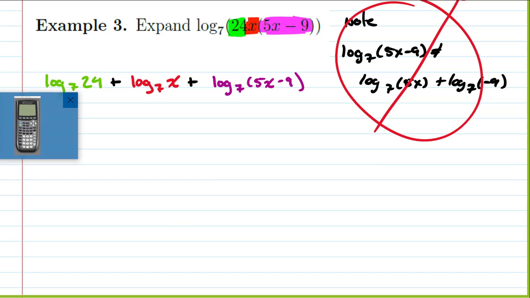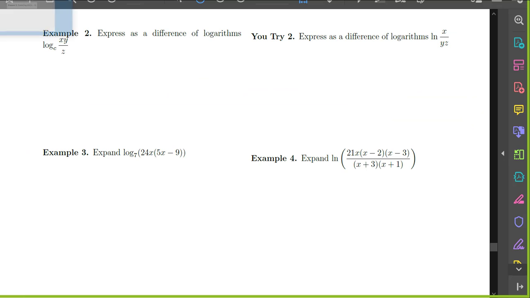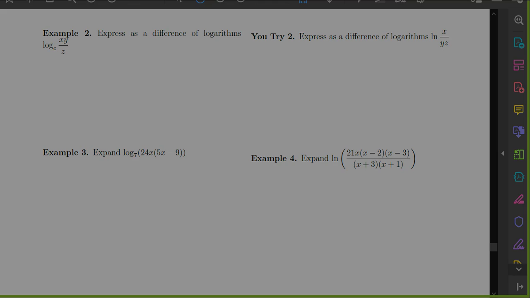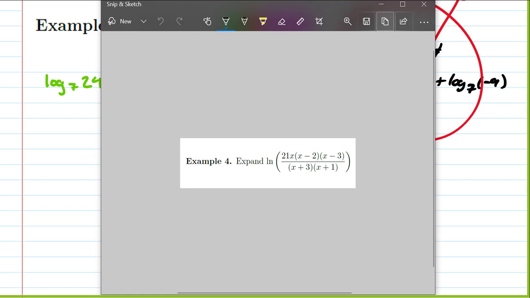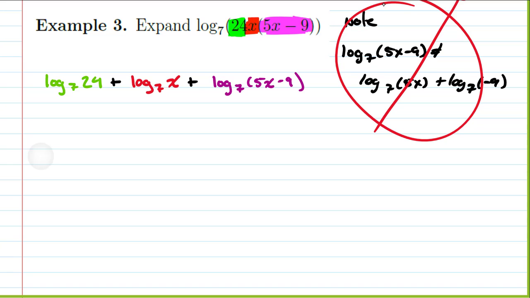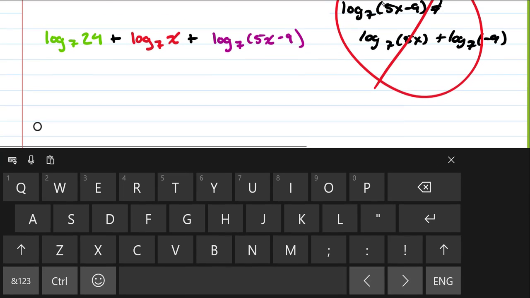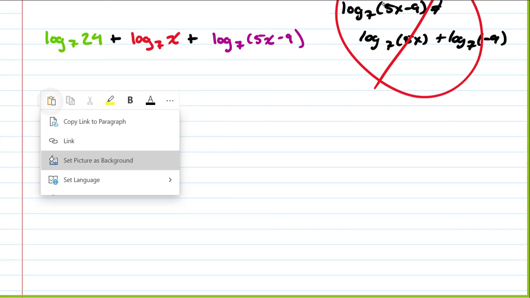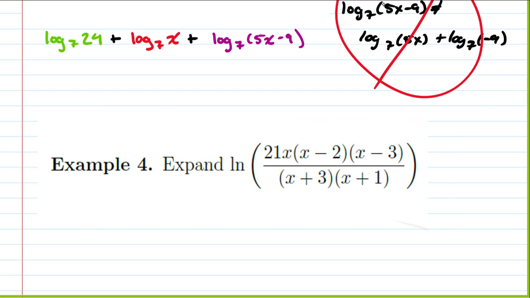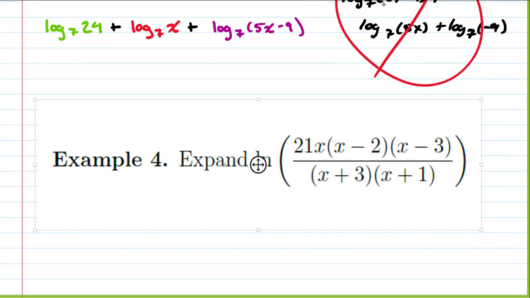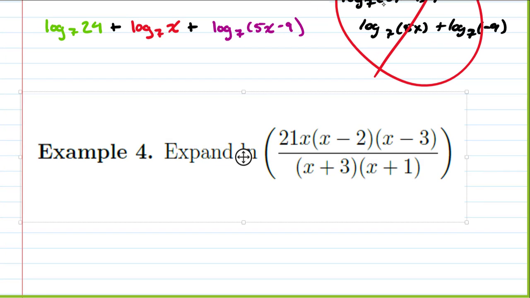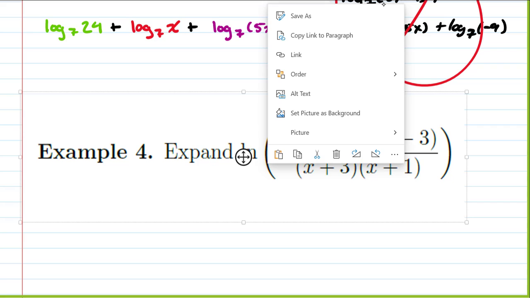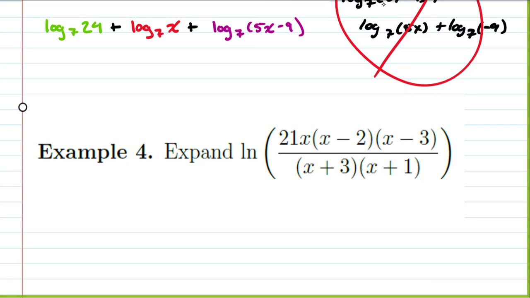All right, let's take a look at our next one. So example 4. We got something similar happening once again to what you had in your U-try. So we've got a mixture of both the product rule and the quotient rule.